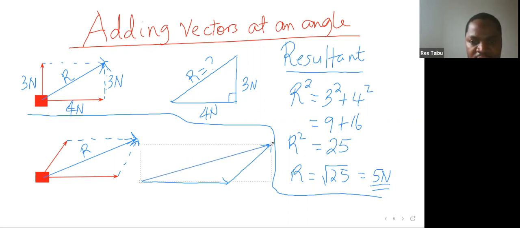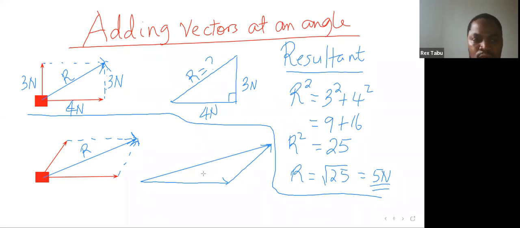At least you have an idea of the resultant, but you cannot apply Pythagoras theorem because there's no 90-degree angle here. What you do is a scale diagram. You do the measurement on paper, so you can have an idea of how long this line is.